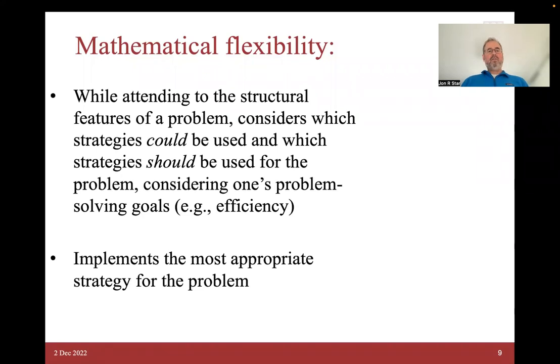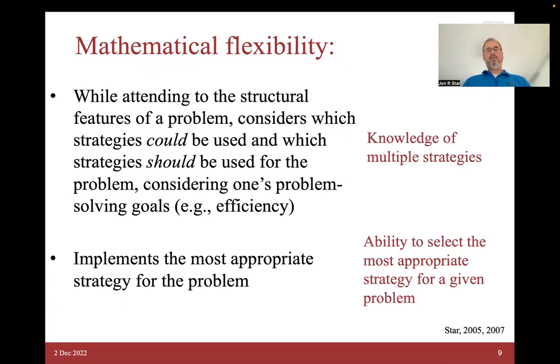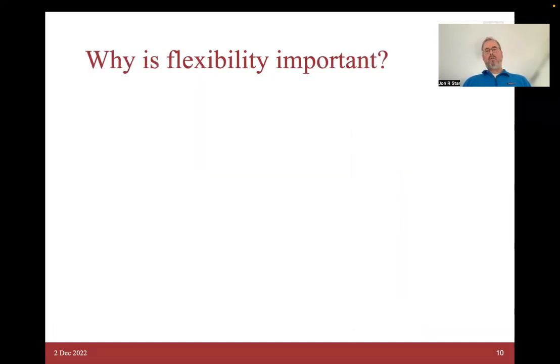And the student is able to implement the most appropriate strategy for that problem. Elsewhere, I have labeled these two features of flexibility as first, knowledge of multiple strategies, and second, the ability to select the most appropriate strategy for a given problem. With this definition of flexibility, let's turn to the question of why I think flexibility is important.